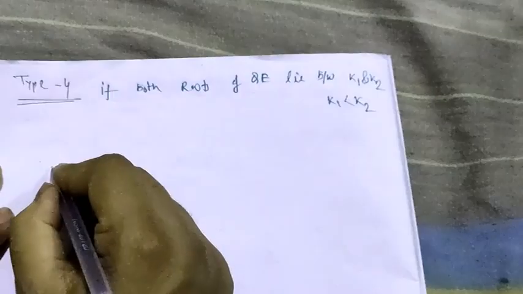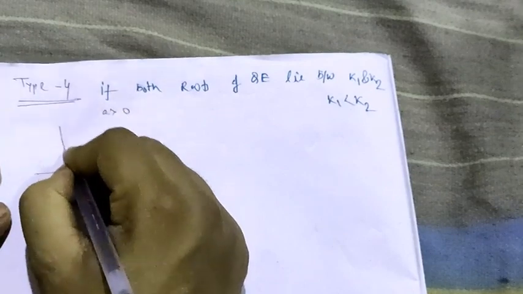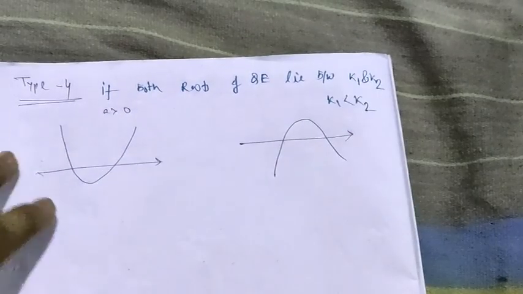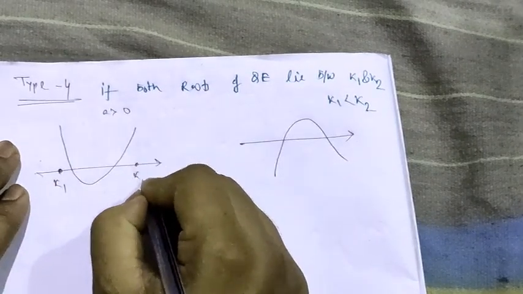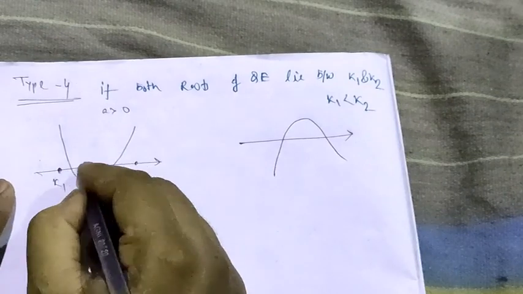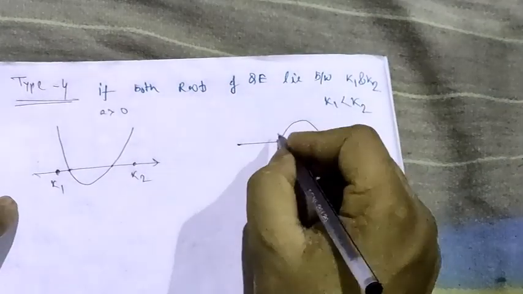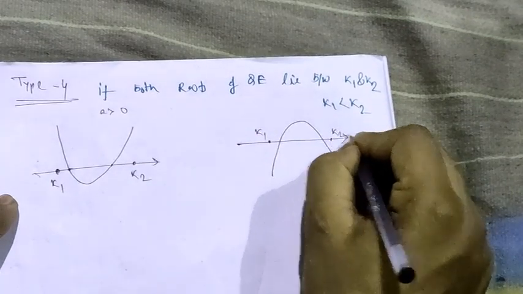I will get two cases, for a greater than 0 this type, for a less than 0 this type. For a greater than 0, I take this as k1 and this as k2. If both the roots, r1 and r2, lie between k1 and k2, in this part also I take k1 here and k2 here.